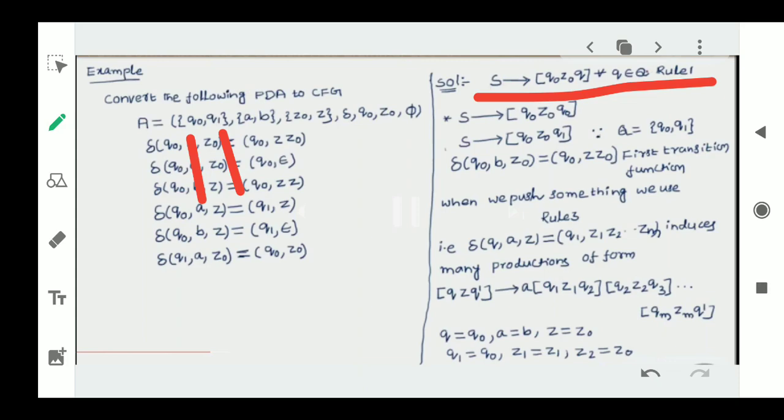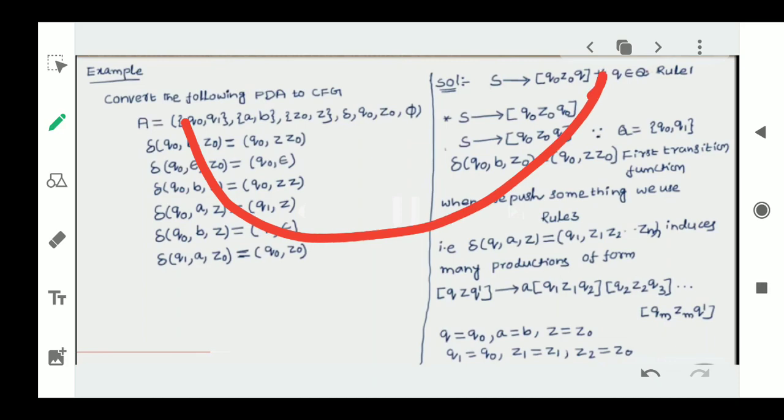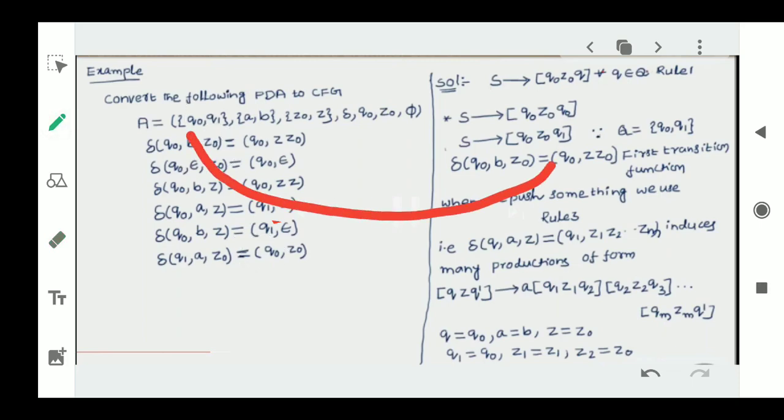We need to substitute these 2 states in the first rule. Here we will substitute Q0 in the place of small q one time, and another time we substitute Q1 in the place of the same q, so that we get 2 equations.